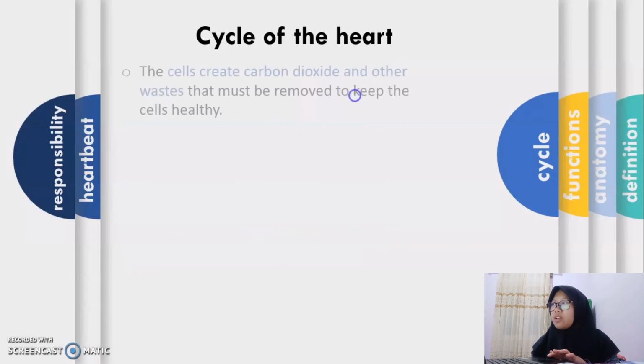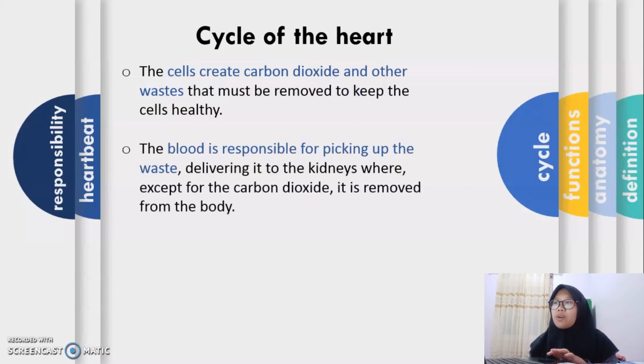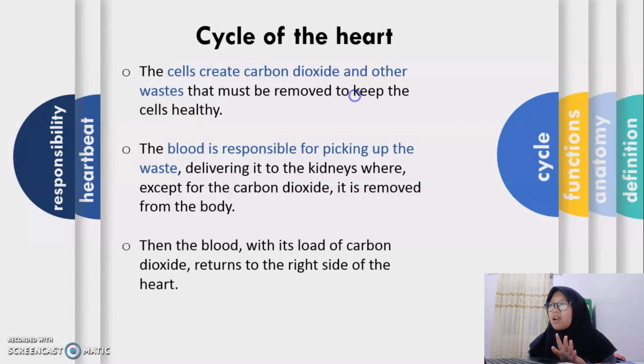The cells create carbon dioxide and other wastes that must be removed to keep the cells healthy. The blood is responsible for picking up the waste and delivering it to the kidneys, where, except for the carbon dioxide, it is removed from the body. Then, the blood with its load of carbon dioxide returns to the right side of the heart.